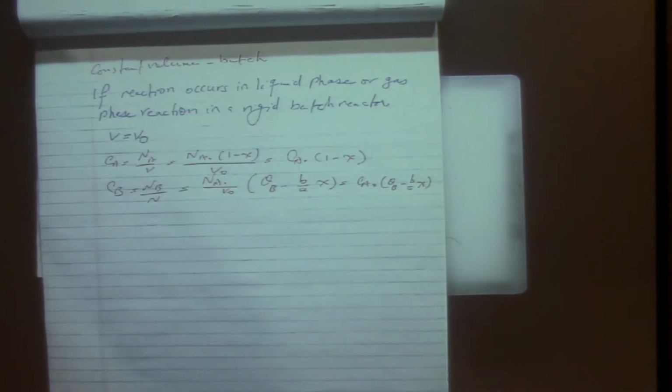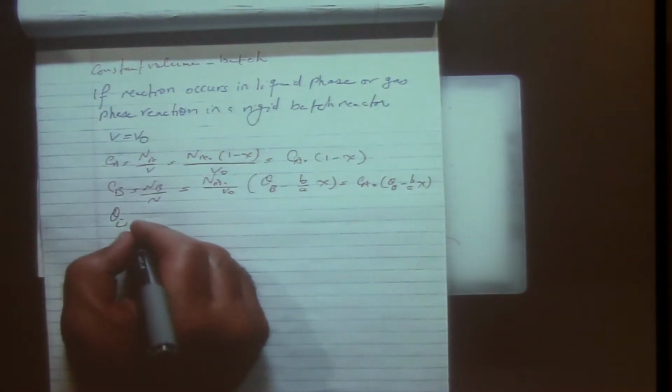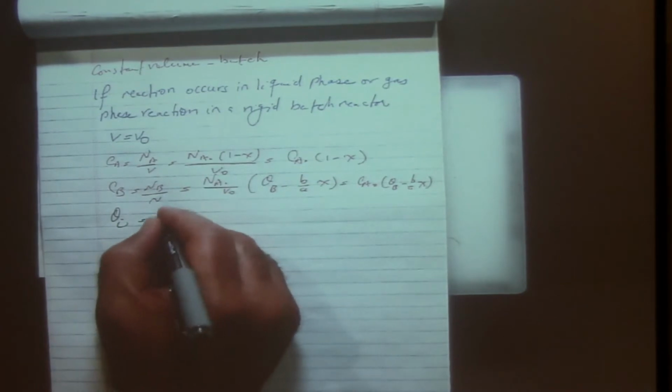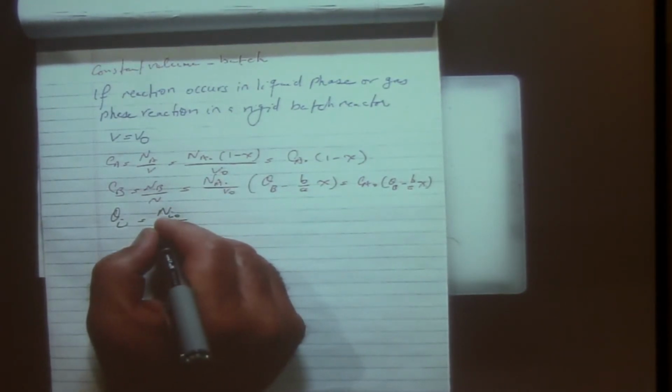So you can write the conversion. Let me just put the definition of theta on the board. Theta i, in the general case, can be A, B, C, or D. It's Ni0 over NA0, the ratio of the moles.